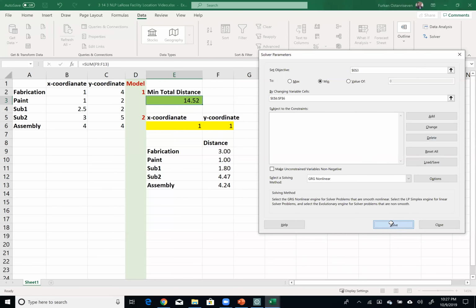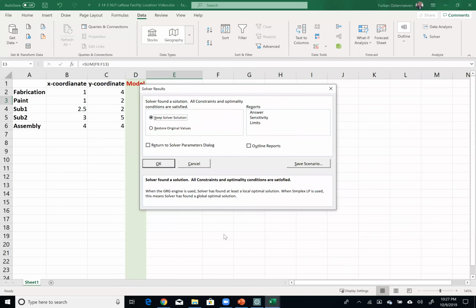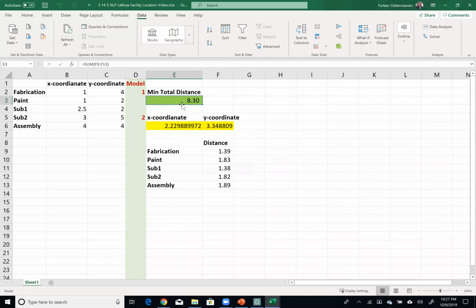When I solve this problem, I will get the best solution as 8.3 distance, let's say 8.3 yards or miles or whatever, depending on the problem. And the best coordinates for my toolbox are 2.2 and 3.3.